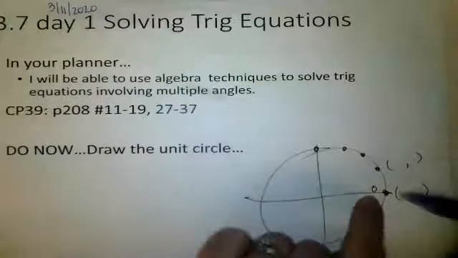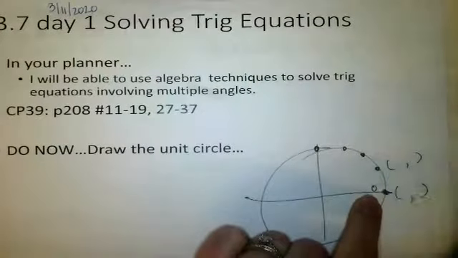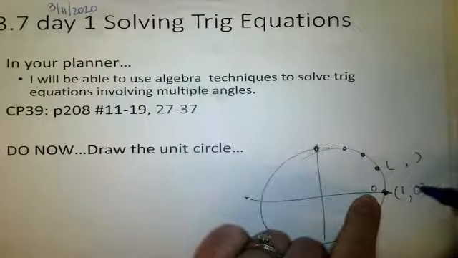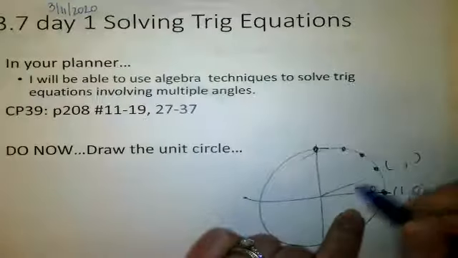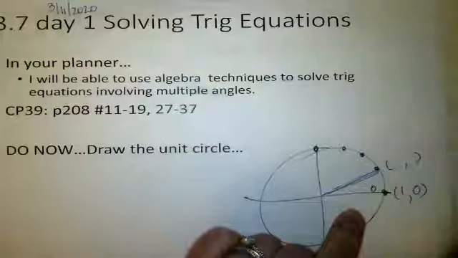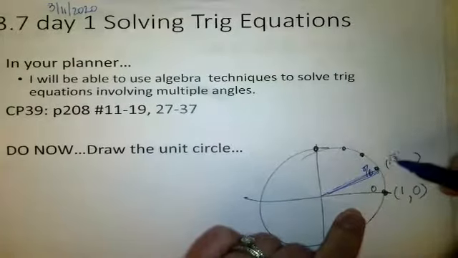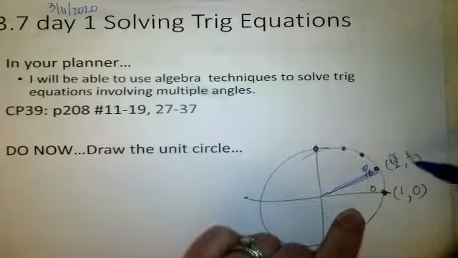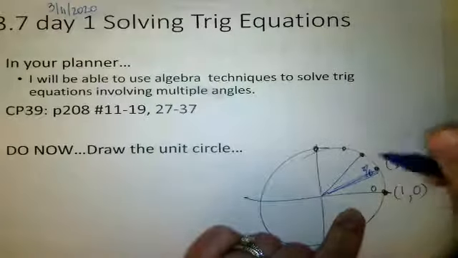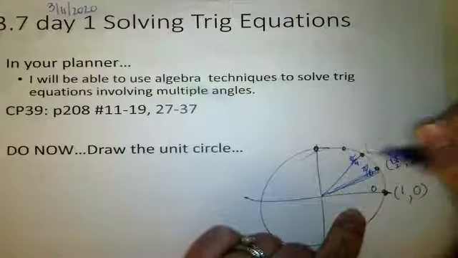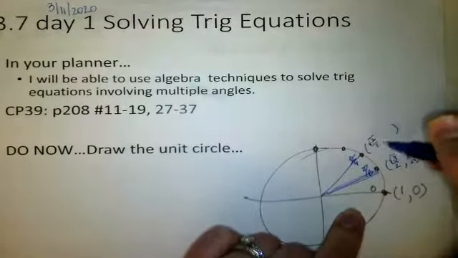Okay, here we are at 0 radians. What's the ordered pair? (1, 0). What's our first angle measure here? Pi over 6, and it's radical 3 over 2 and up a half. Here in the middle, pi over 4, radical 2 over 2.